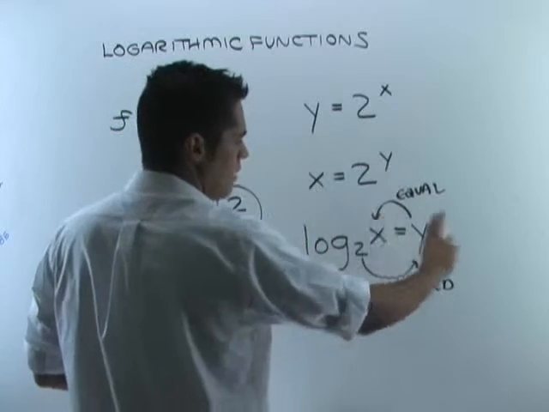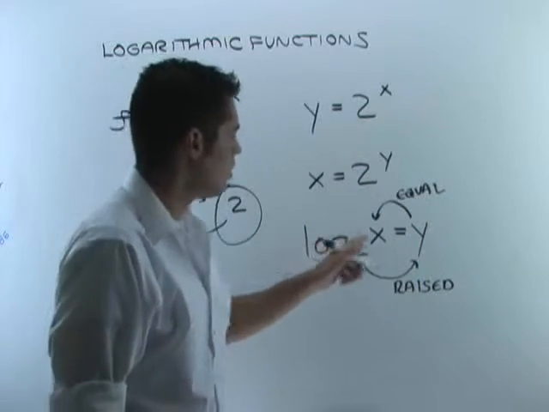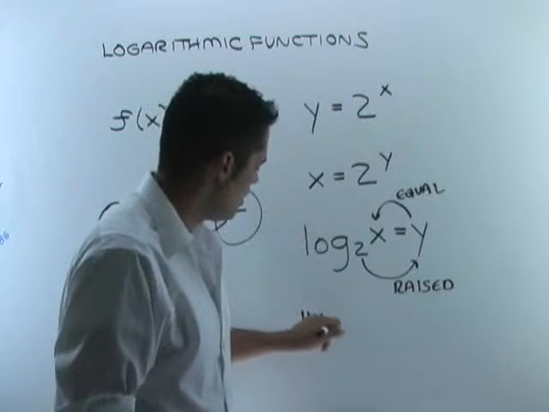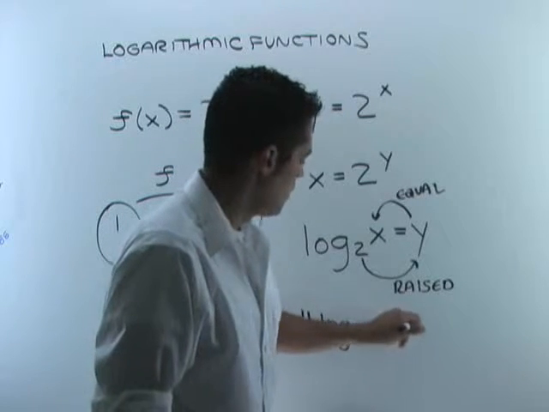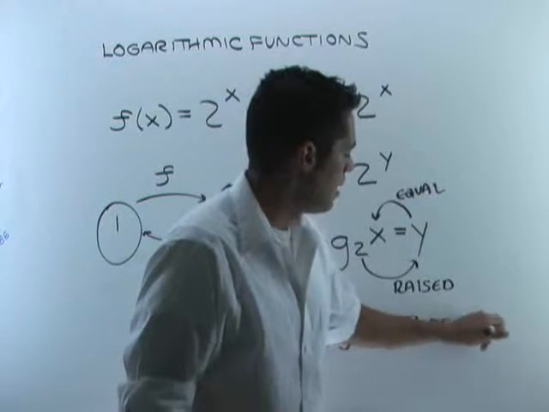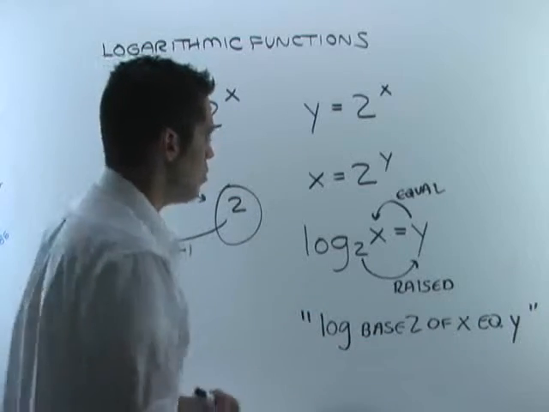But notice that if you write it this way, you have your y by itself. Now this is called a logarithm, and the way that you would say that is log base 2 of x equals y. Okay? Log base 2 of x equals y.